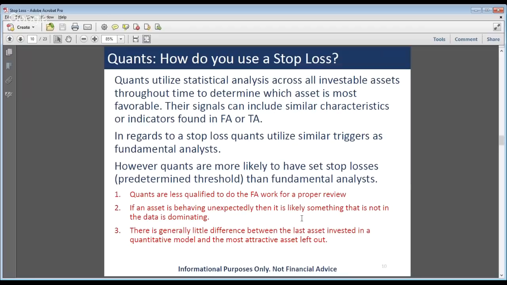And then also, there's very little difference between an asset in the model and, I'm going to call it, the next man up. So in my quantitative model I share with you guys, you can see I have the top 10%, top 0 to 25%. Let's just assume you're able to perfectly invest in the top 10% of coins or stocks, whatever it is, every day, every week, every month.